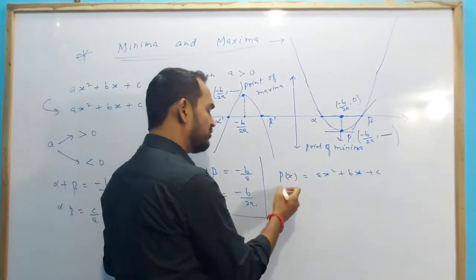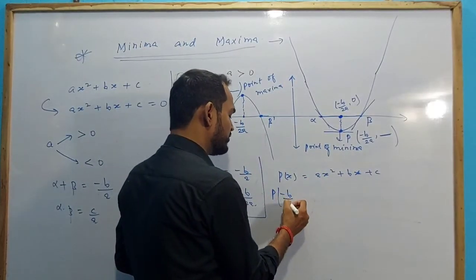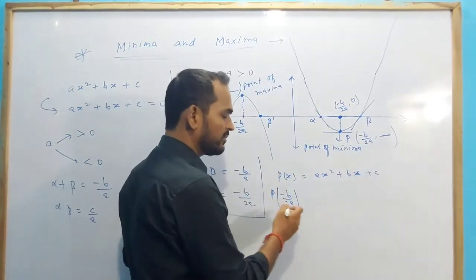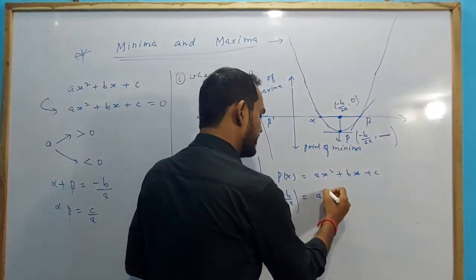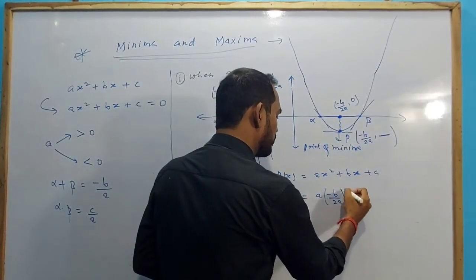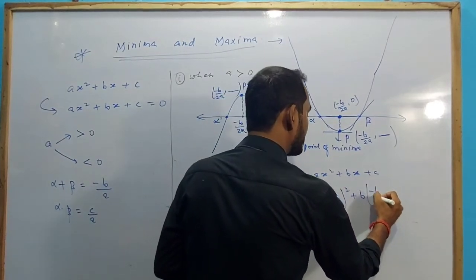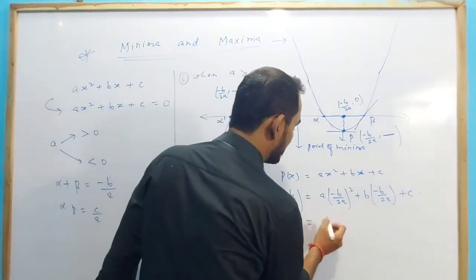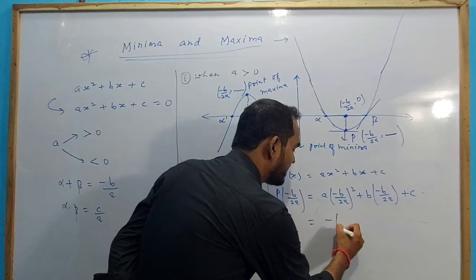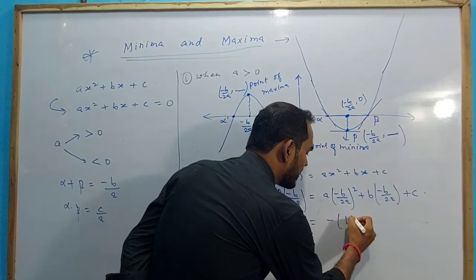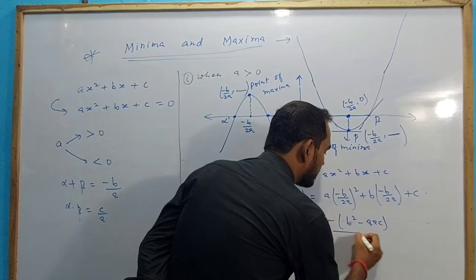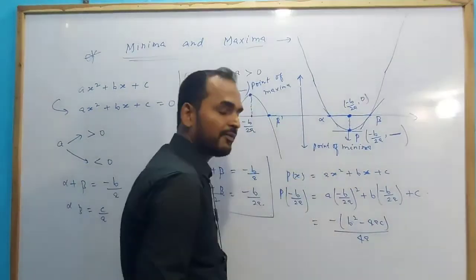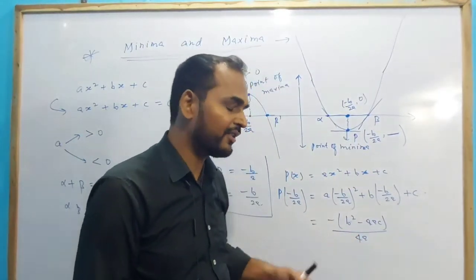When you put x equal to minus b by 2a, it becomes a into minus b by 2a the whole square, plus b into minus b by 2a, plus c. From here it is going to become minus (b square minus 4ac) upon 4a.